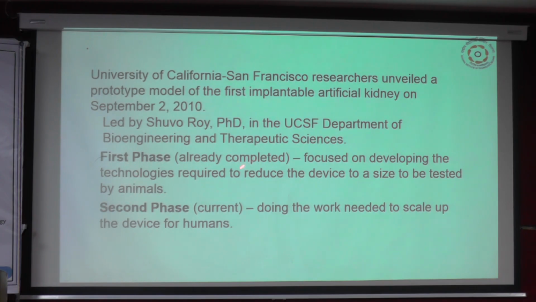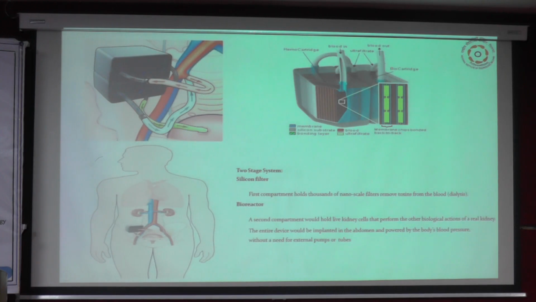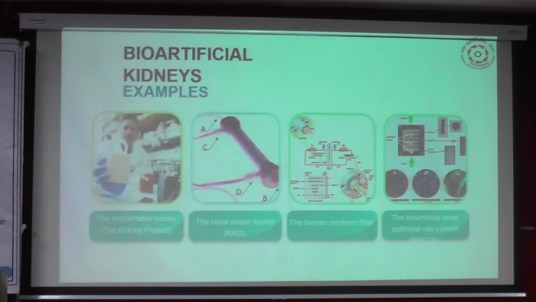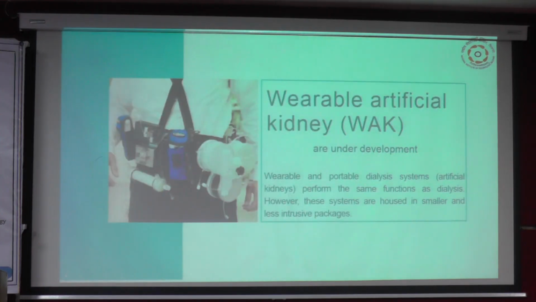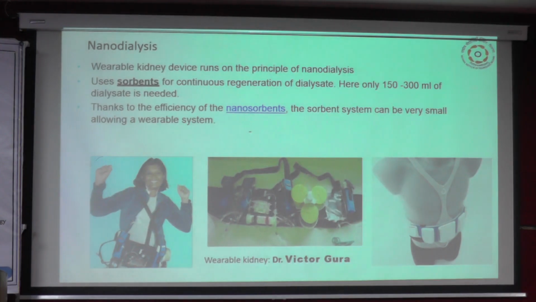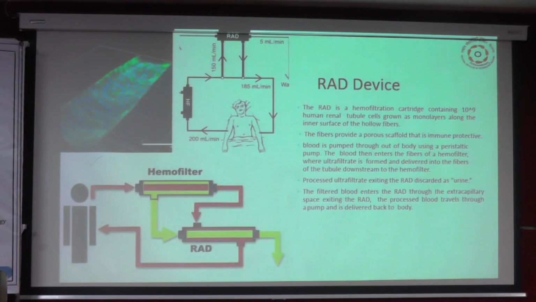Their first phase is completed and the second phase is going on. They have invented these types of devices. It can be wearable, or later it will be inserted, like a small chip inside the body. So many new inventions are there.